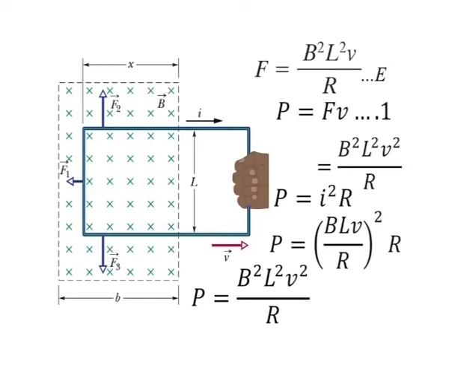Thus, the work that you do in pulling the loop through the magnetic field appears as thermal energy in the loop.